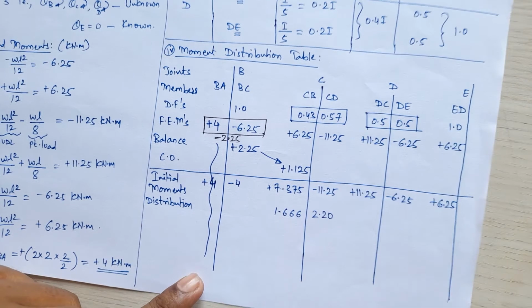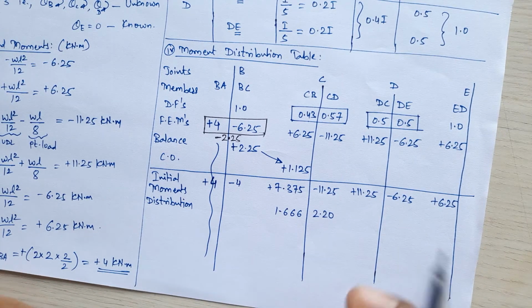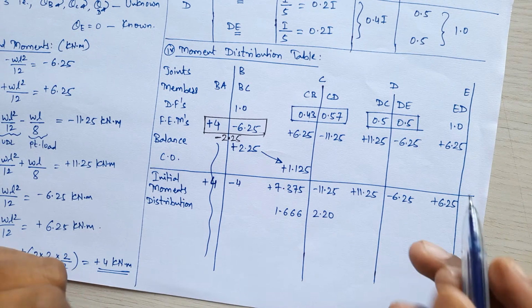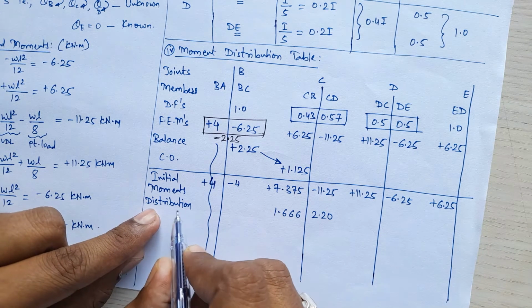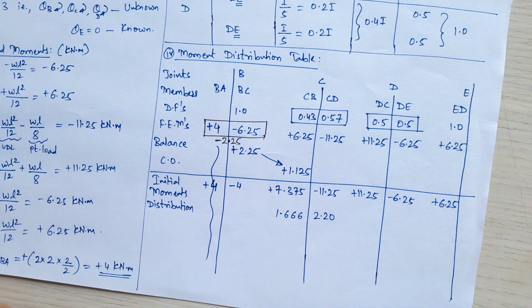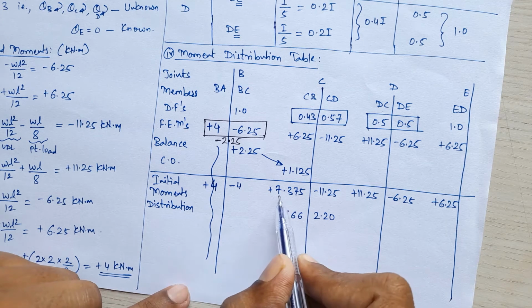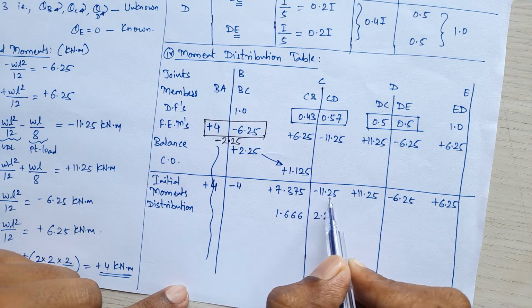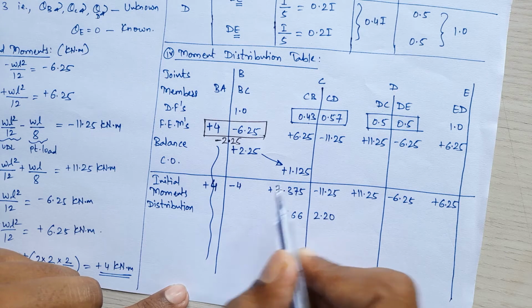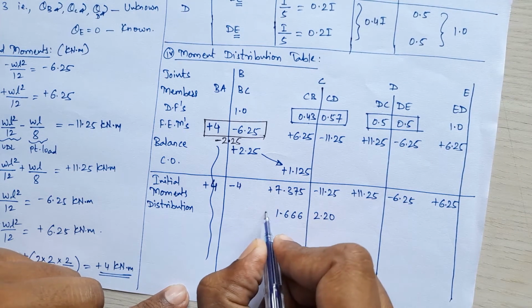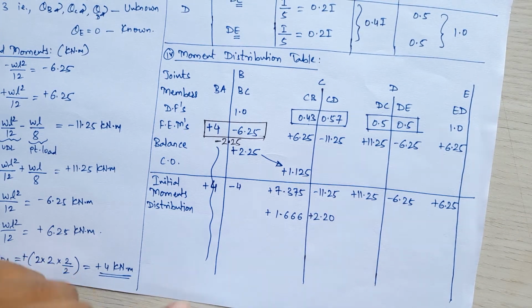Always remember one thing: while distributing the moments, distribute those moments with the opposite sign to whatever you are getting. That means this magnitude, plus 7.375 minus 11.25, is negative, so distribute it with the opposite sign, so it will be positive. That is because you have to balance that moment further.